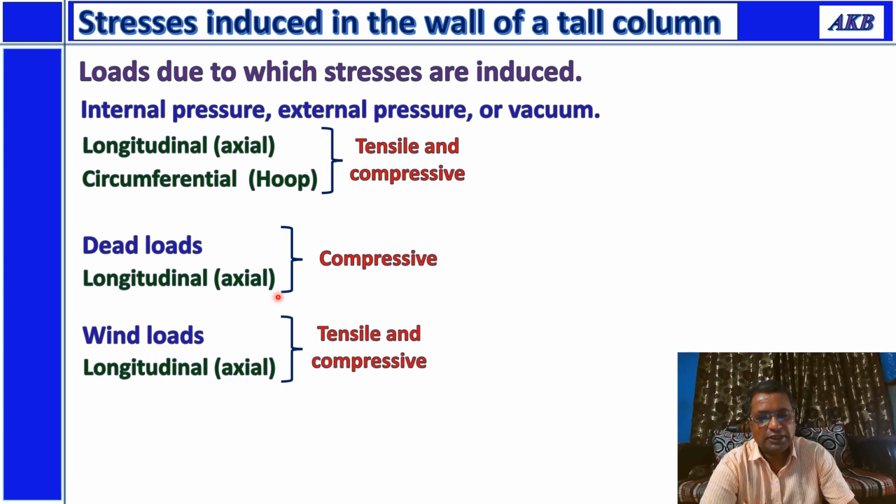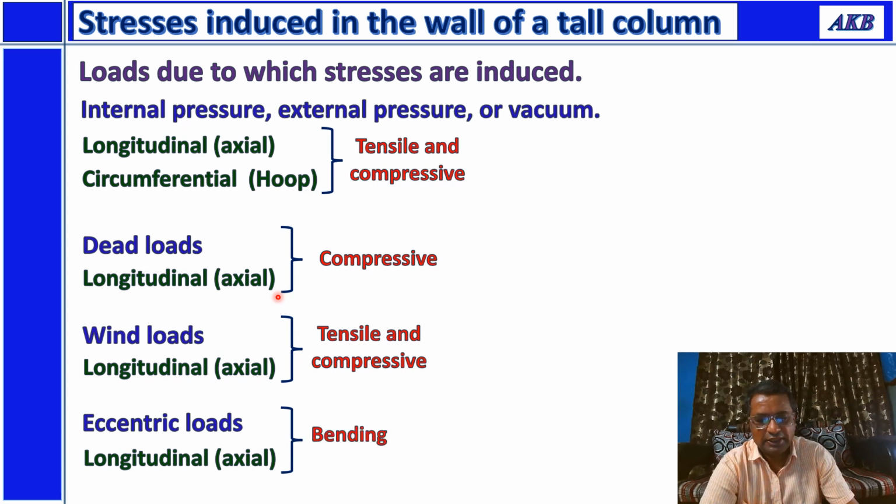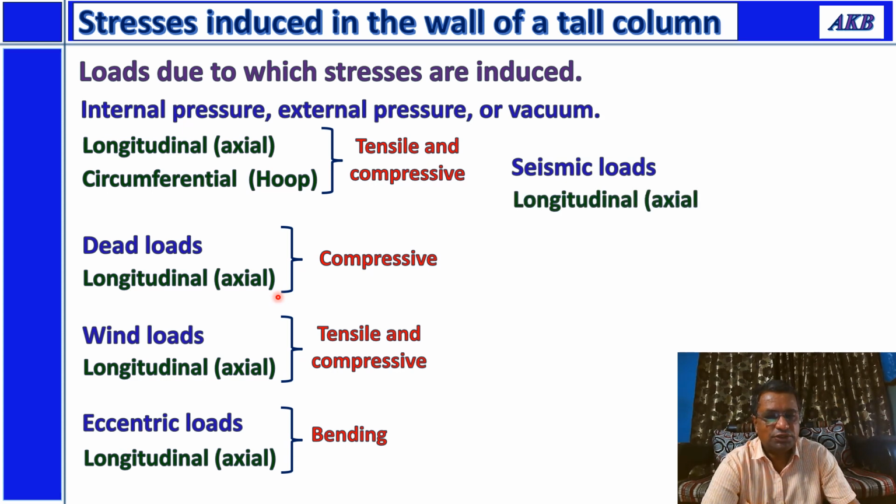They may be tensile and compressive. Eccentric loads also induce longitudinal or axial stresses, and they are responsible for producing bending stresses. Seismic loads produce longitudinal stresses. They may be tensile and compressive.